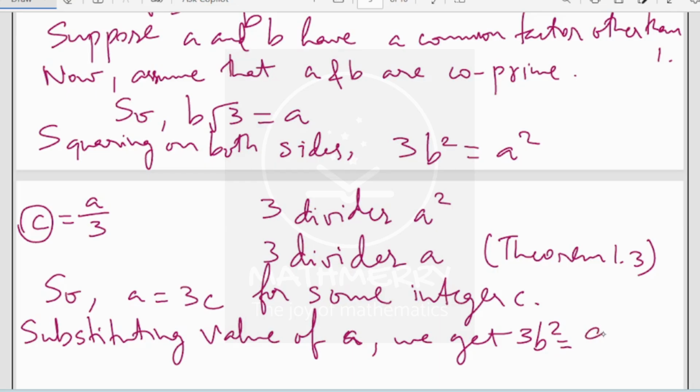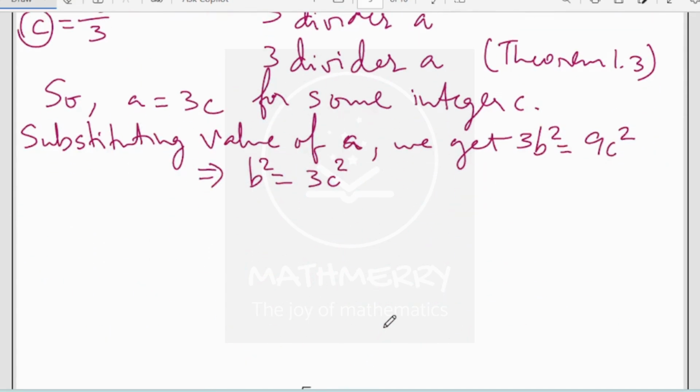So that means 9C square, which implies B square is equal to 3C square. So what we are getting here, we are getting 3 divides B square. So that means 3 divides B.